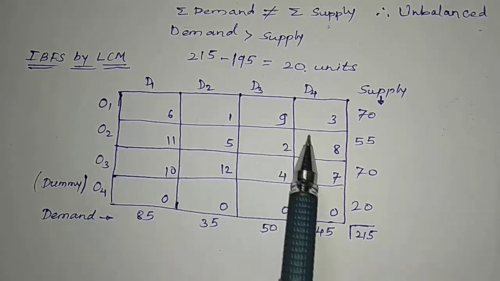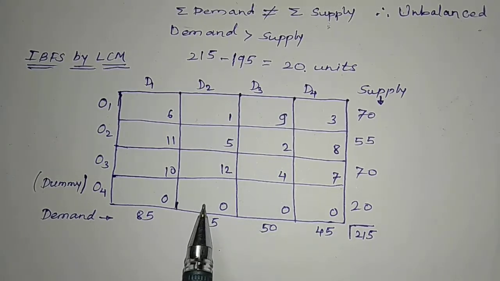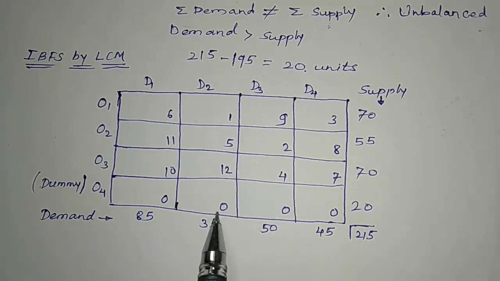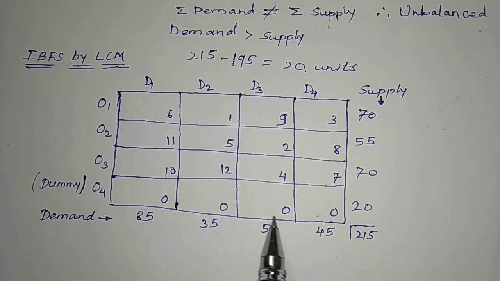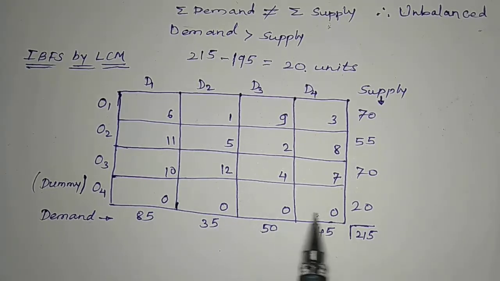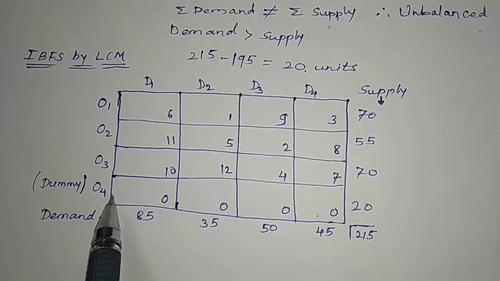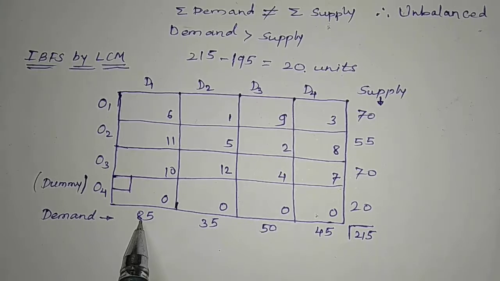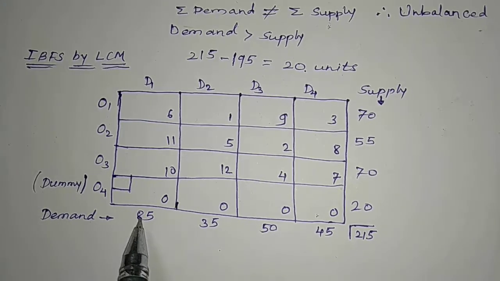As per the least cost method, we have to make the first allocation at the lowest cost in the matrix. As we observe here, the least cost is 0 at more than one place in the given matrix. So randomly we can allocate quantity at any of the 0 values. If I randomly take this as the first allocation, how much quantity can I allocate here?